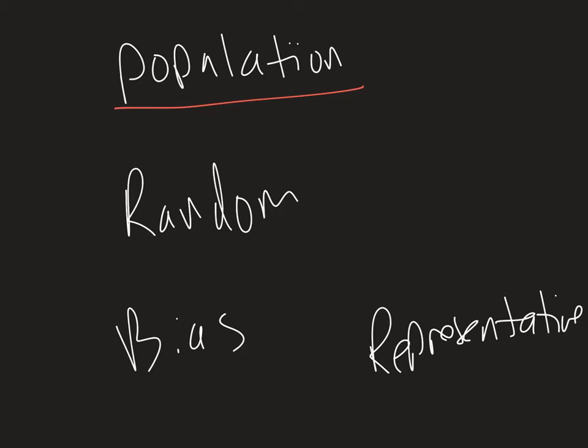Now, if I sample the entire population, if I survey them or whatever, that's what we would call a census. And a census is very time-consuming, very difficult to do. So a way to get around that would be to do a sample. If I pick a sample, I'm not sampling everyone in the population.